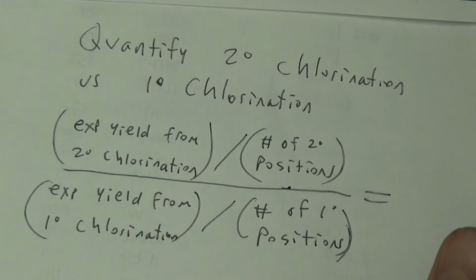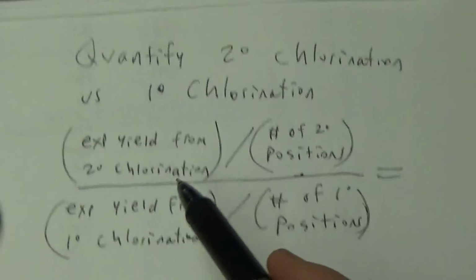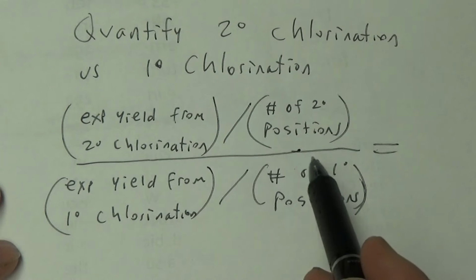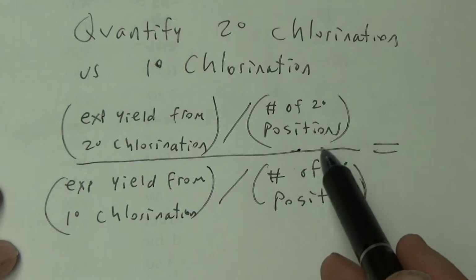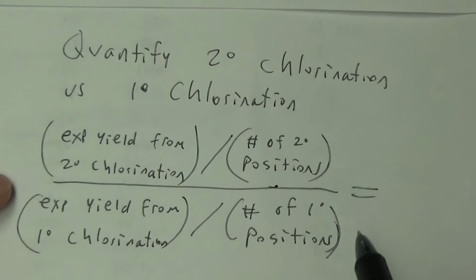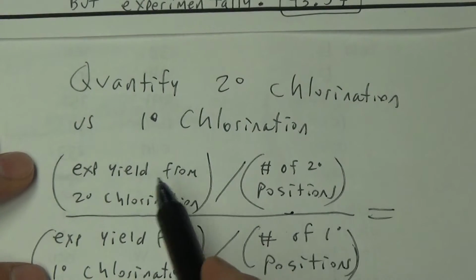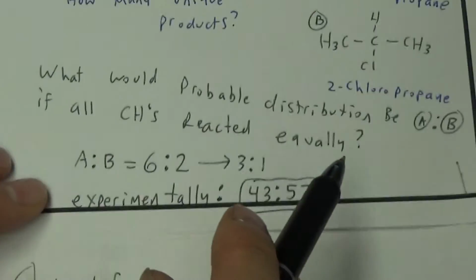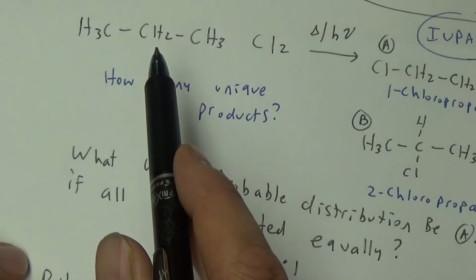Experimental yield is what we got from the experiment that we saw above, and the number of positions is just the number of hydrogen atoms, right? So for secondary, let's look at it. Secondary is going to be the middle position, right?